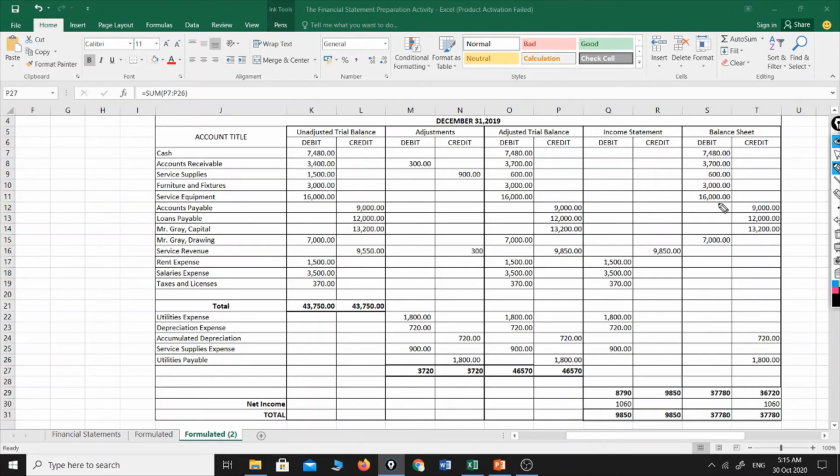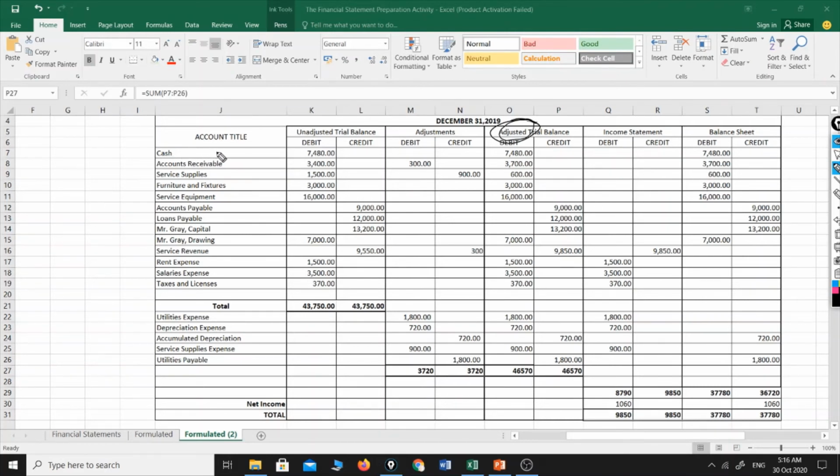Because if you fail to recognize what financial element it belongs to, it is harder for you to classify which section that particular account title should be placed. So let's have it this way. The amount that should be reflected is from the adjusted trial balance. What should be reflected is the adjusted amount. So here we use the adjusted trial balance in extending to the income statement and balance sheet section.